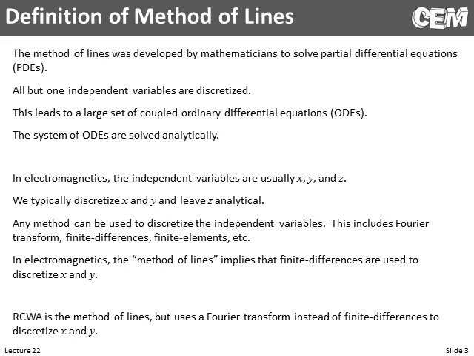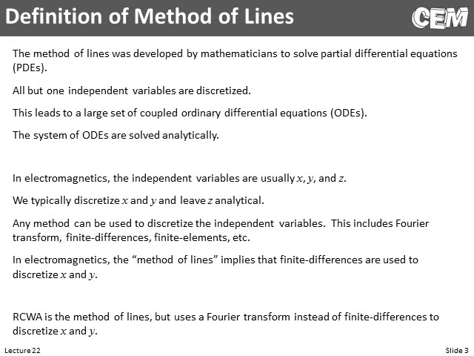So the method of lines, from a purely mathematical perspective, is a technique where we discretize all of the independent variables except one. For electromagnetics, usually we'll let that be the z parameter, but we discretize x and y. And then we solve the z direction analytically. And this is exactly what we did for rigorous coupled wave analysis.